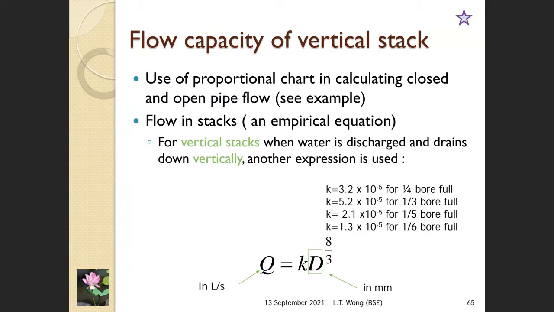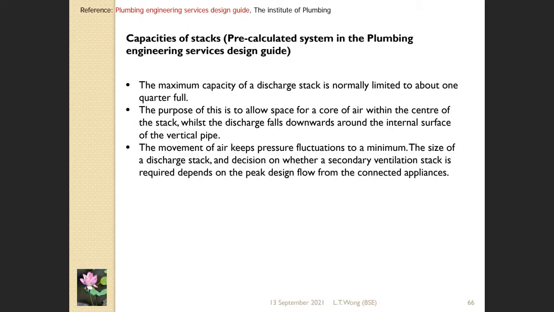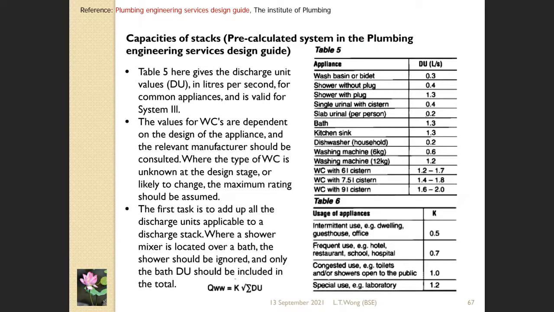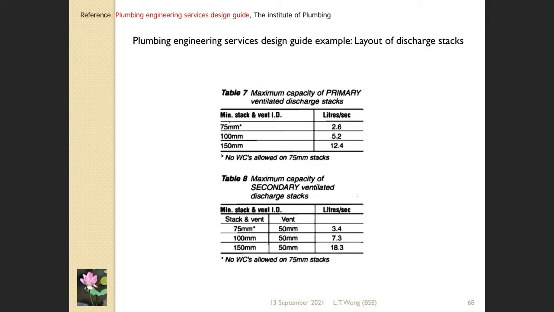For other information, say the pre-calculated system, I extracted one more example from the engineering design guide, here for the stack, which dictates the full capacity for the different arrangements together with the ventilation arrangement.